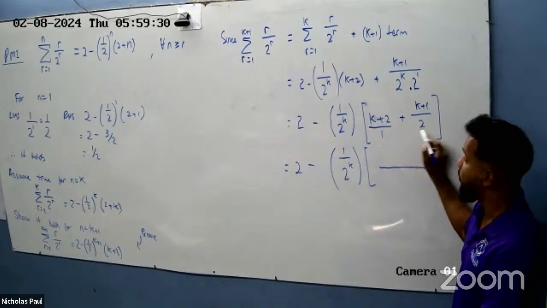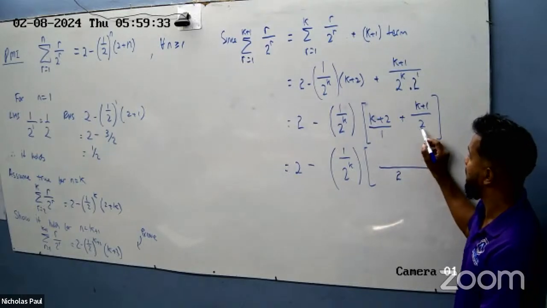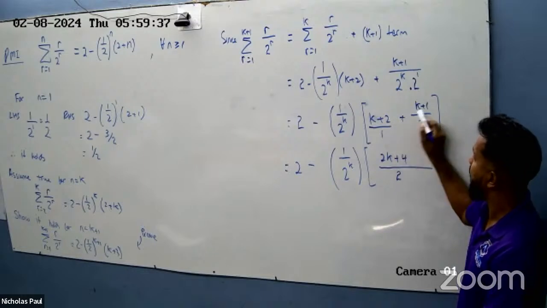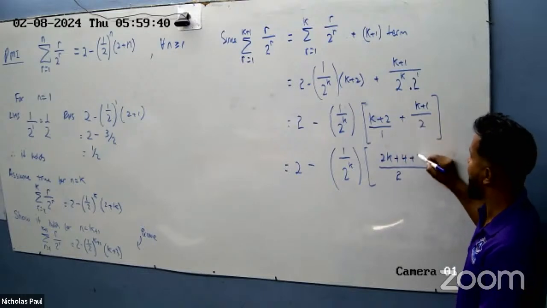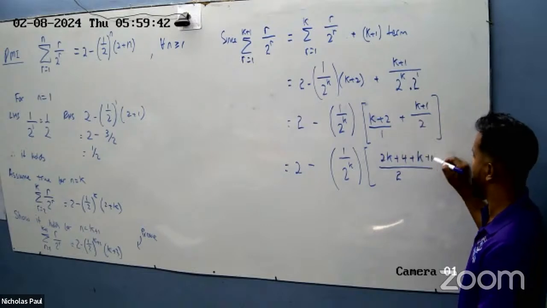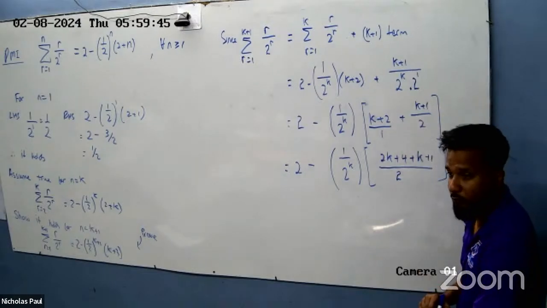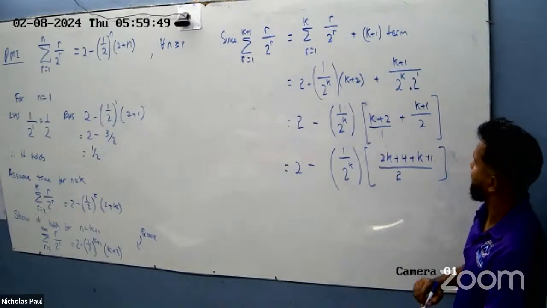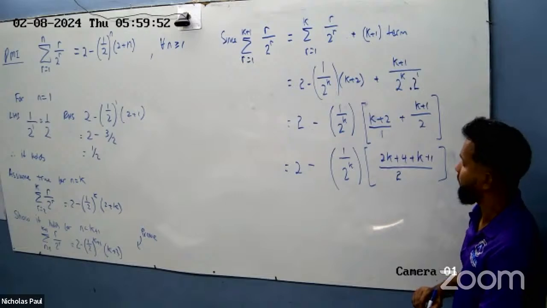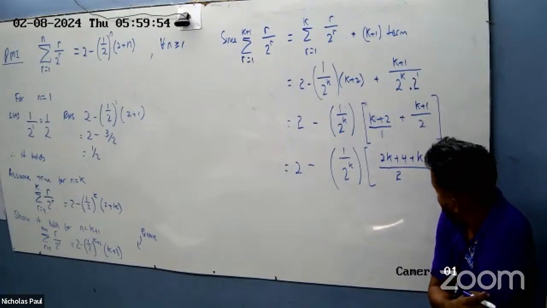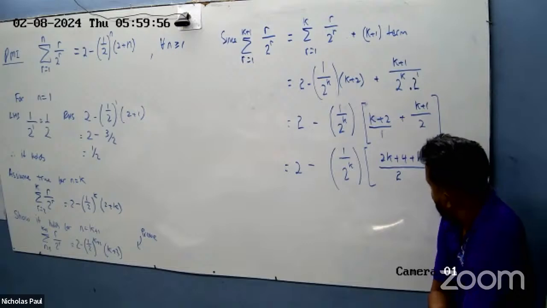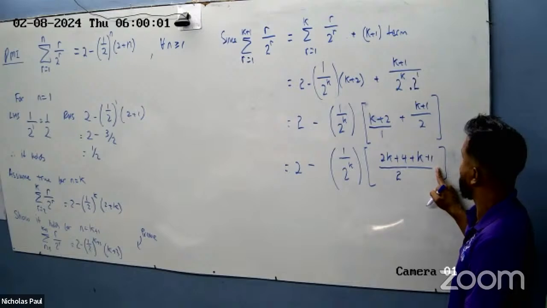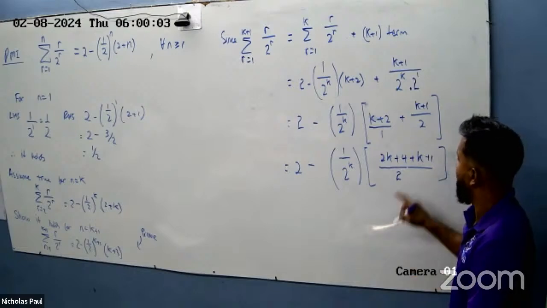LCM. 1 by 2 is 2. 2 by k, 2 by 2. 1 by k, 1 by 1. Again, 3k plus 5.